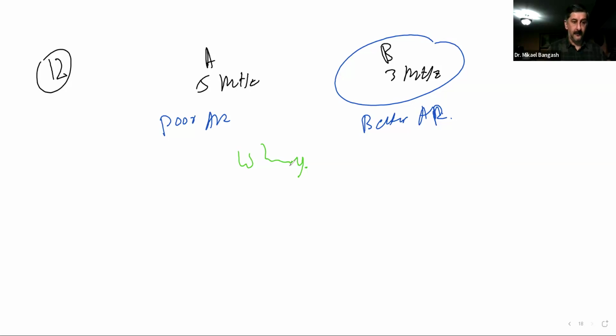The high frequency will have a lower or shorter wavelength, whereas the lower frequency here will have a greater wavelength.